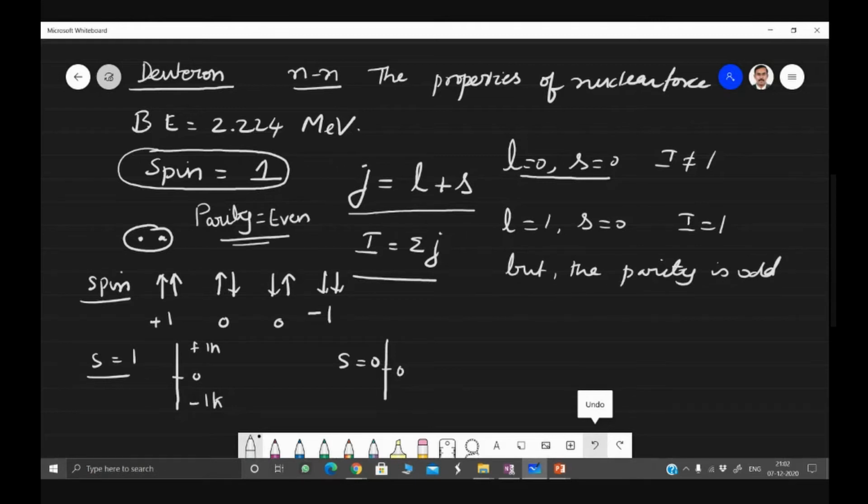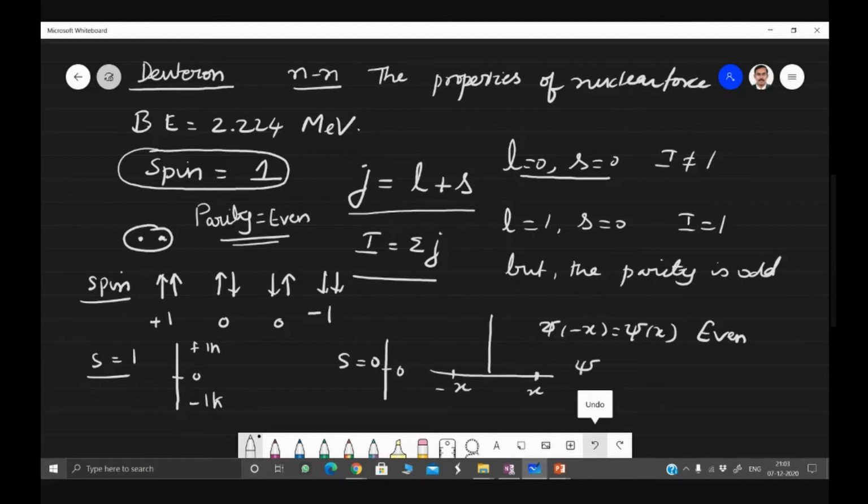Parity is nothing but this: upon inversion of the position coordinate, if the wave function doesn't change its sign, we call it even parity. Otherwise, it will be odd parity. If we have a wave function at position x or minus x, and psi of minus x is equal to psi of x, the parity is said to be even.